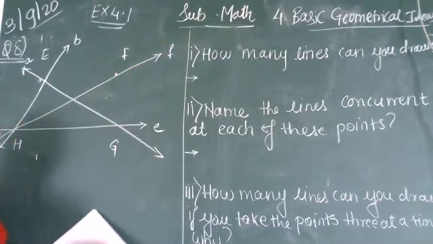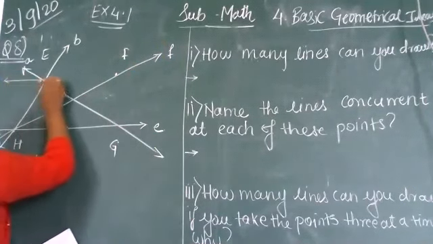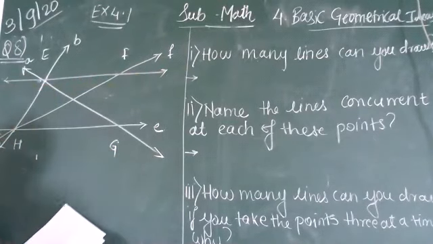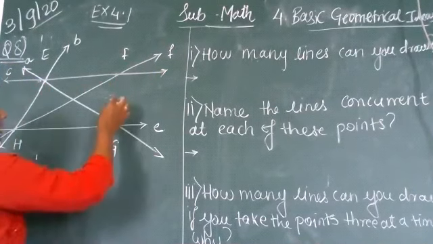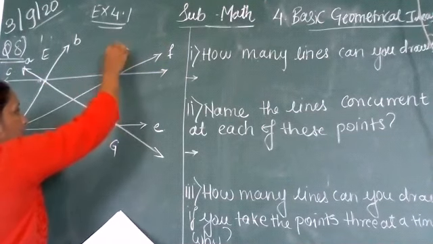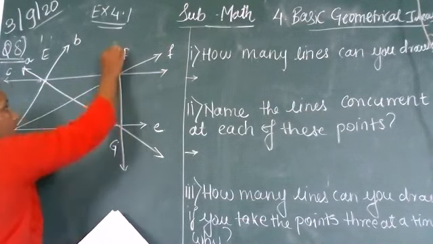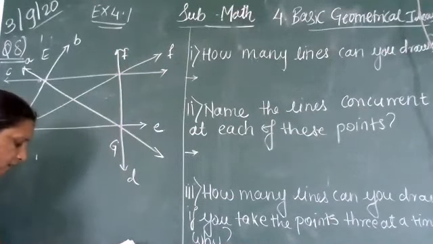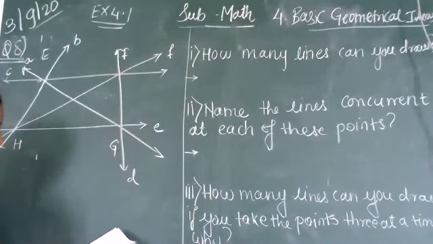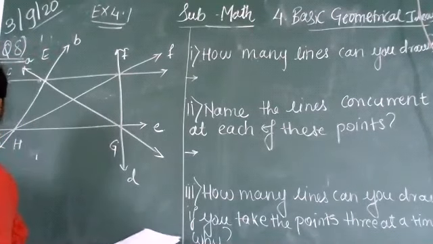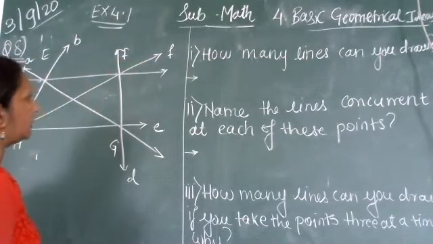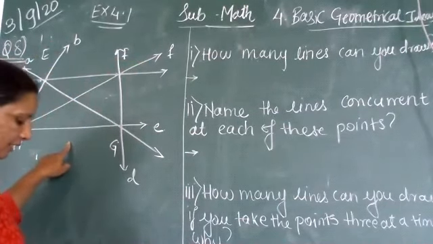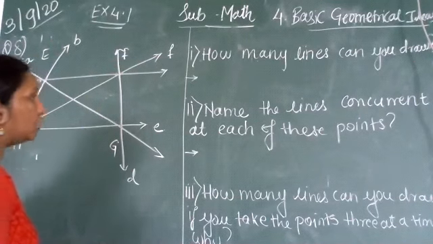Now same way I will draw one more line passing through E and F, which I am going to name as C. Now same way here children, you can see that one more line I can draw which will pass through these 2 points at a time, that is line D. So here I have got A, B, C, D, E, F. Now they are asking, based on this question, how many lines can you draw?